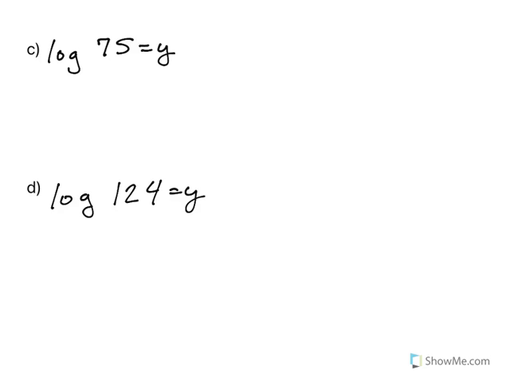This is where your calculator comes in. It doesn't come out nicely to say 10 to the y equals 75. I honestly don't know. It's somewhere between 1 and 2, and that's about as close as I can get. Therefore, we're going to use our calculator. In your calculator, you should have a LOG button.